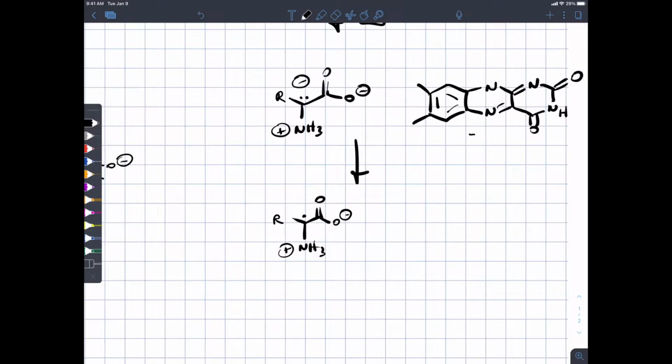And then you somehow have to draw the FAD radical anion, which it doesn't totally matter how you draw it. The molecule just needs one extra electron. One way that you could consider drawing it might be to have a lone pair here and a single electron there, and then a negative charge here.